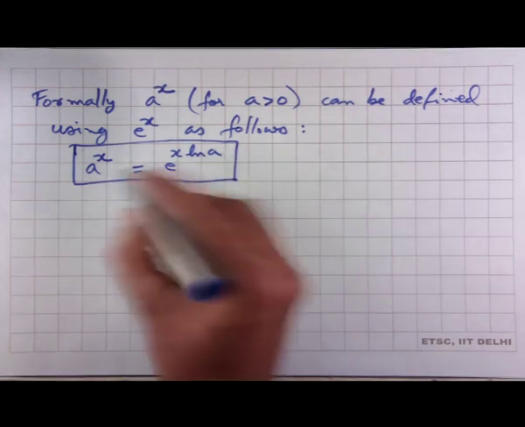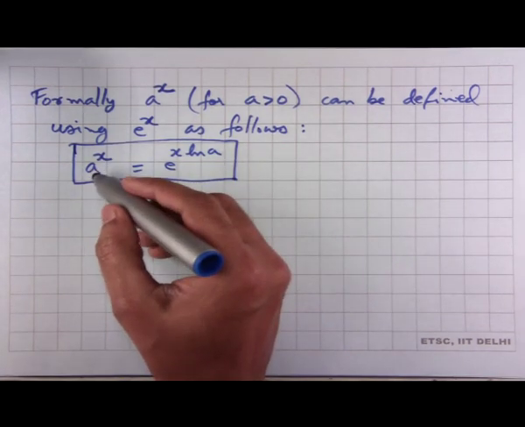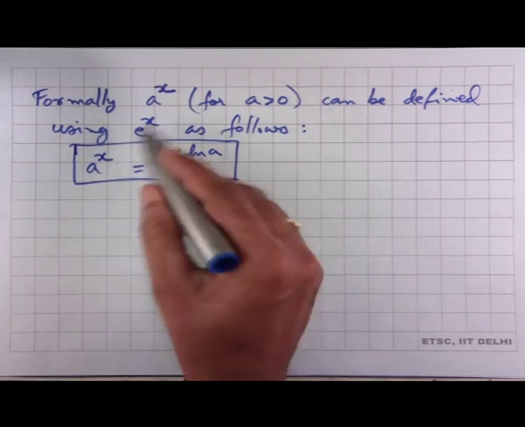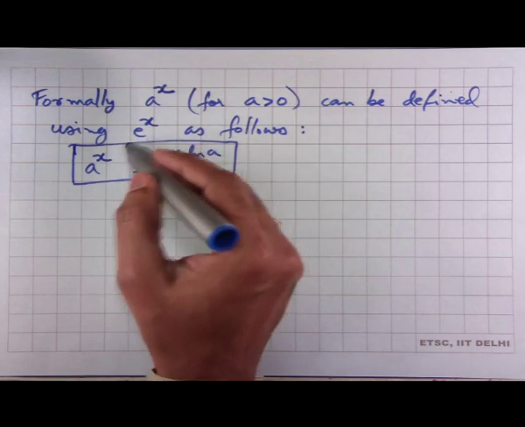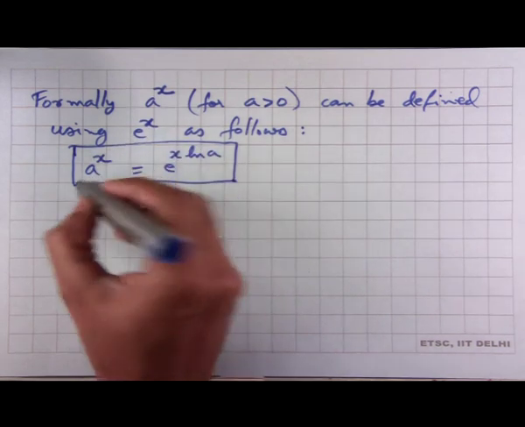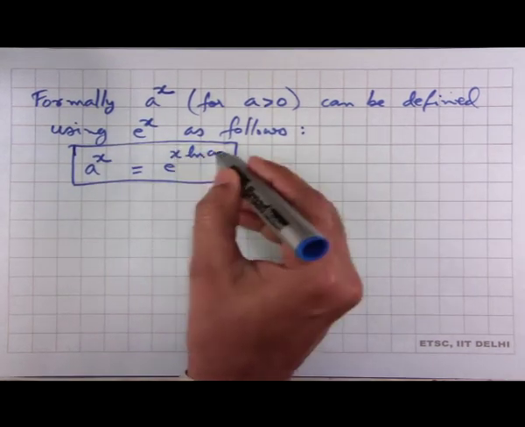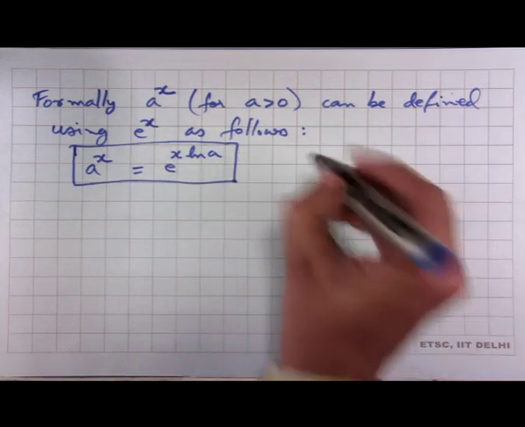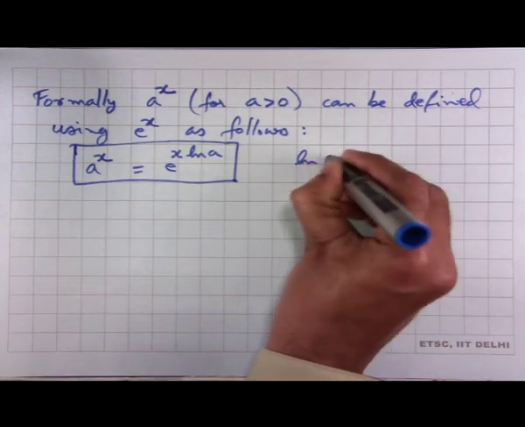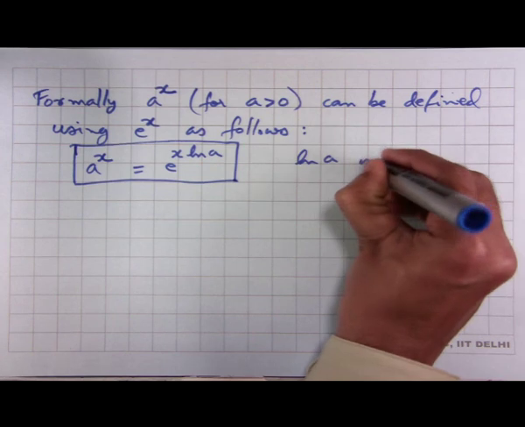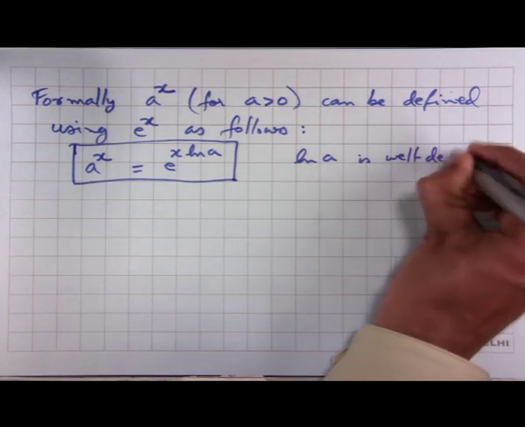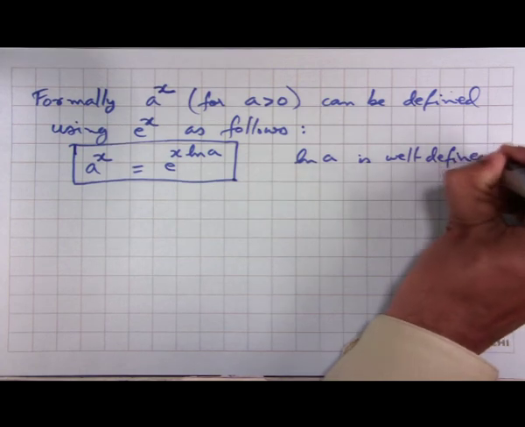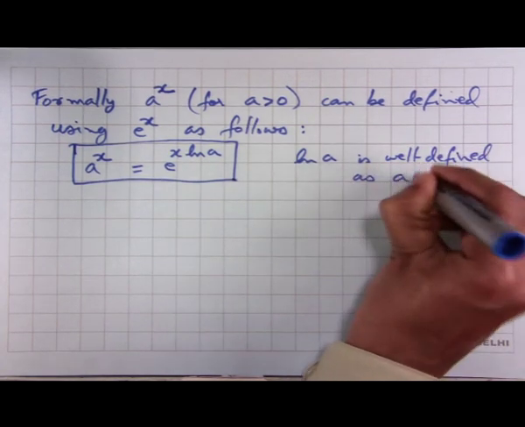The exponential function e to the x we have seen what it is, and for any other base we can define a to the x is equal to e to the x ln a. Note that ln a is well defined as a is a positive real number.